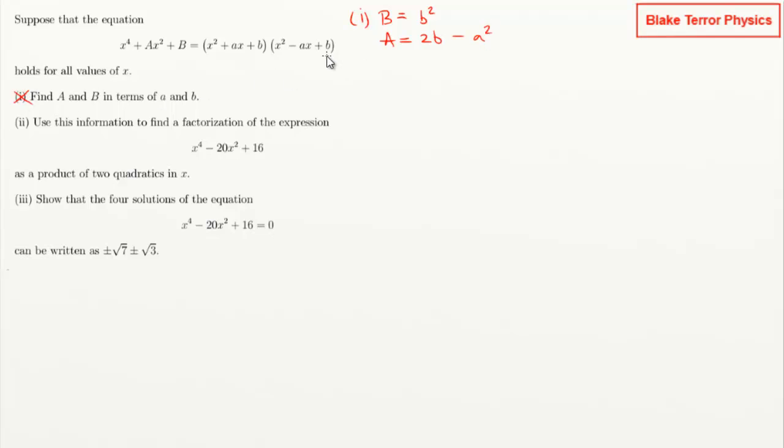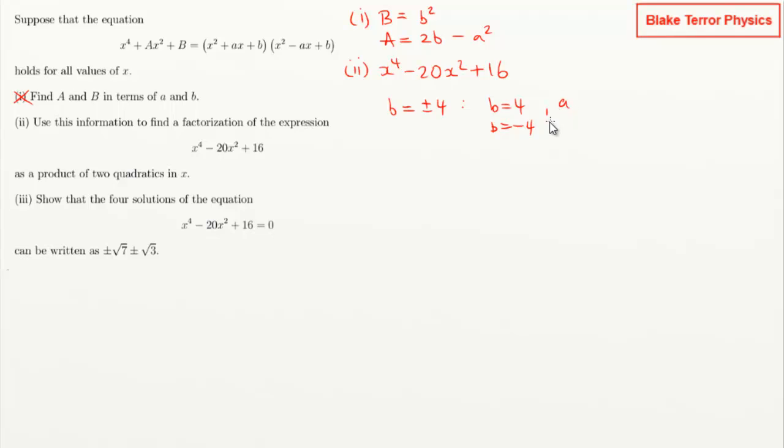So that bit's fine. Part 2, use this information to find a factorization of this expression, because there's going to be a few options for this. So x to the 4 minus 20x squared plus 16. So we've got that little b is plus or minus 4. So we've either got b is equal to 4 or b is equal to minus 4.